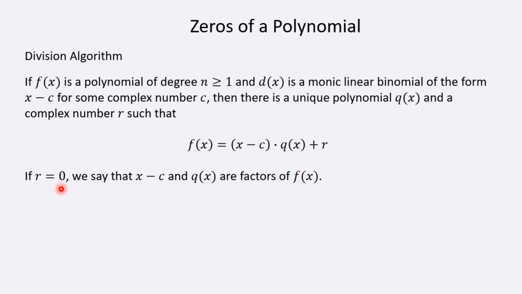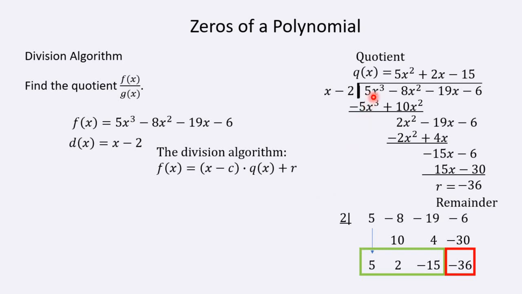If r is equal to 0, we say that x minus c and q of x are factors of f of x. In this case, we have this quotient q of x, we have this remainder r, and we have this original polynomial f.